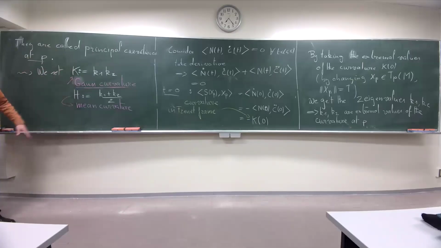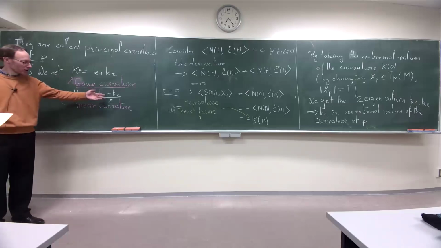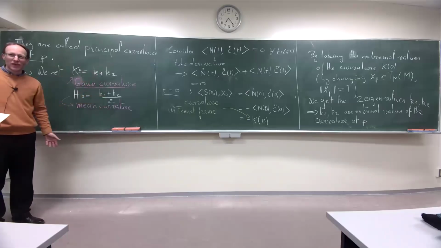So, yes? The trace of the matrix is the sum of that. You are right, this is true. Now, check if it has a specific meaning. Yeah, you are perfectly right. We do the product of the eigenvalues, we do the half of the trace.